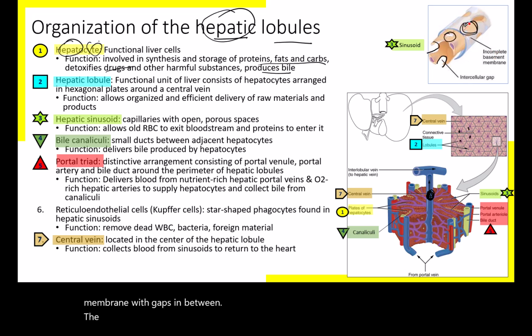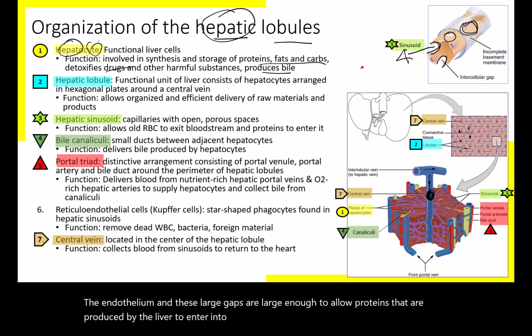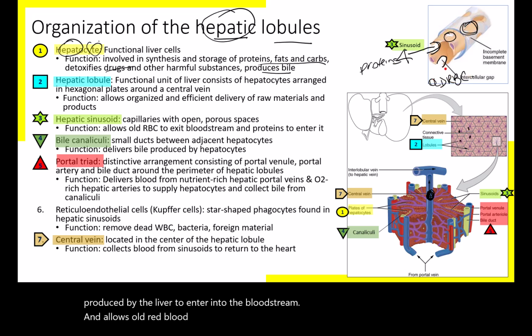These large gaps are large enough to allow proteins that are produced by the liver to enter the bloodstream, and they allow old red blood cells to exit the bloodstream in order to be broken down by the hepatocytes.